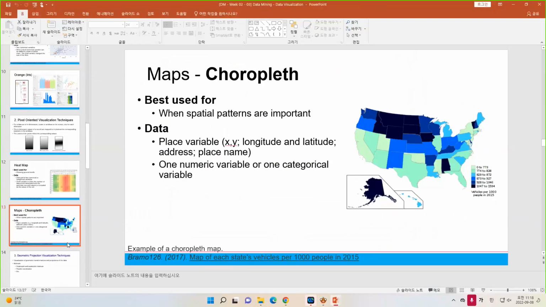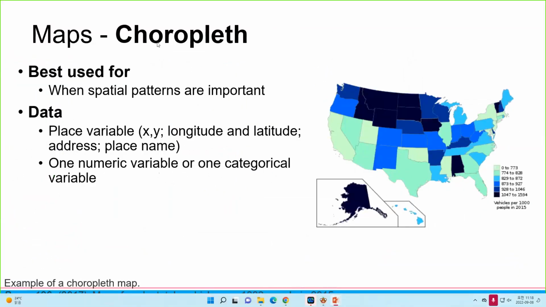And in the maps, we call it choropleths. It is best used for spatial patterns. Like this one, we can see the population. In the US, maybe this is the number of vehicles per 1,000 people in 2015. So if the color is darker, then the number of vehicles is higher.